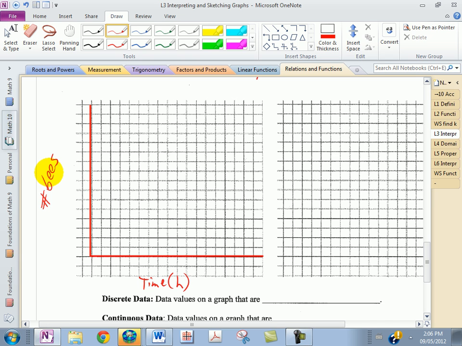So let's count the squares. We have 1, 2, 3, 4, 5, 6, 7, 8, 9, 10, 11, 12, 13, 14, 15, 16 squares. And how many bees does he have to count? 26 bees. So let's divide them to see how many bees per square. So what's 26 divided by 16?